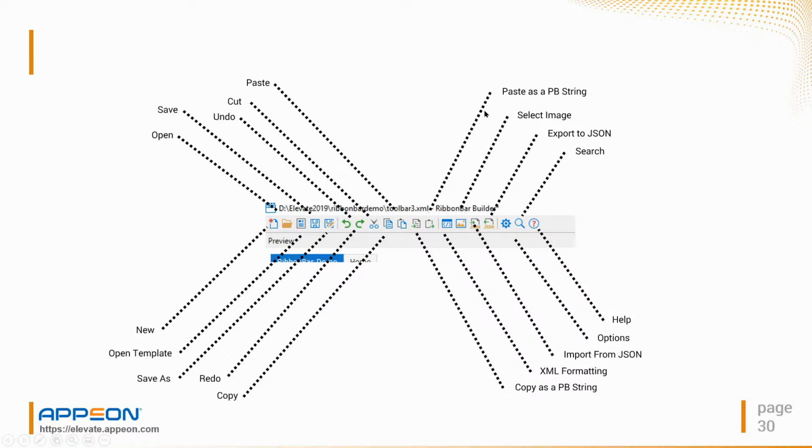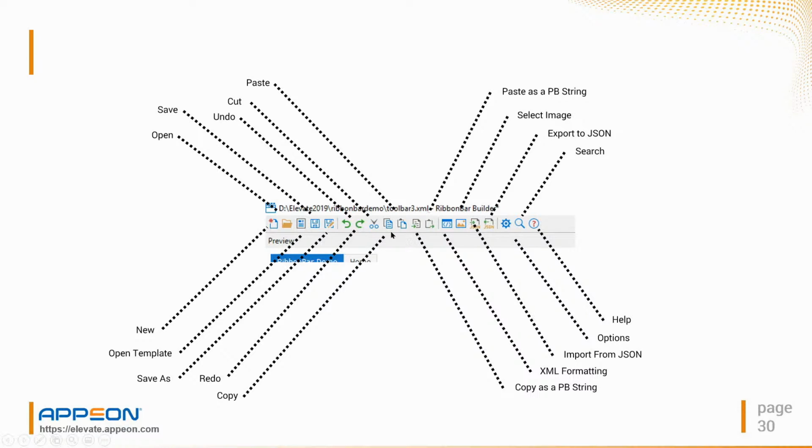What I would point out is, once you're done creating your ribbon bar, you may want to create it in your application just by having a string variable that you then pass into the function that creates the RibbonBar control.